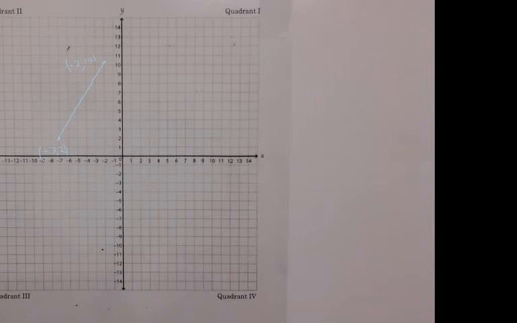So using the formula, the distance will equal the square root of, it doesn't matter which, I was thinking negative 7 to be x2, negative 7 minus negative 2.